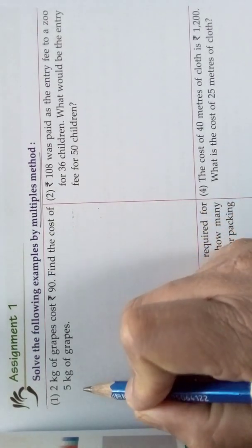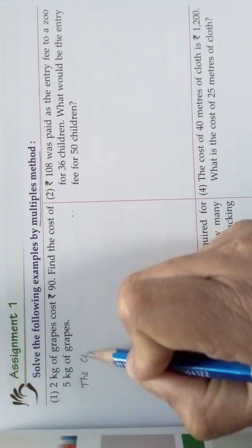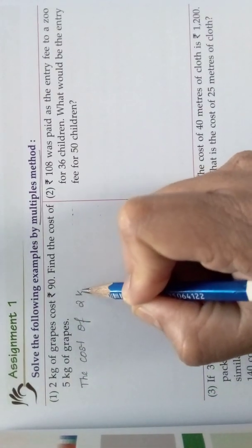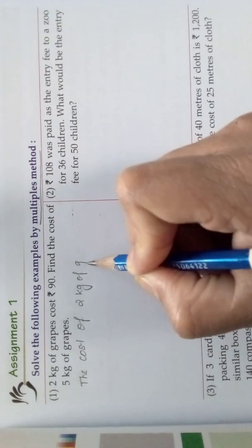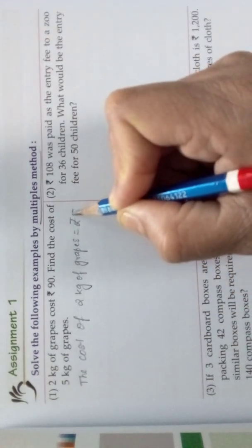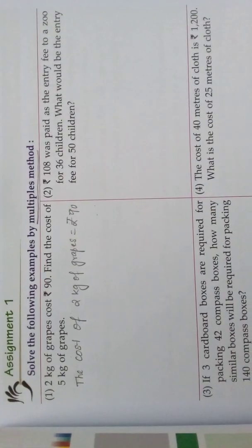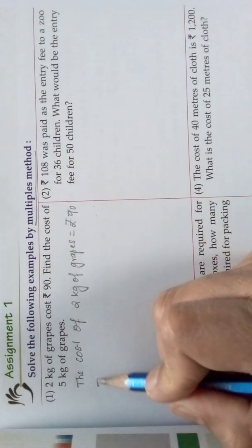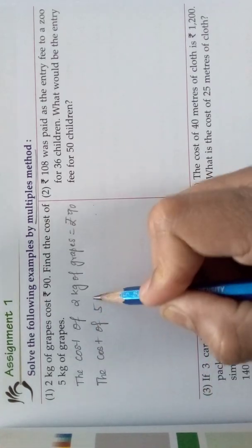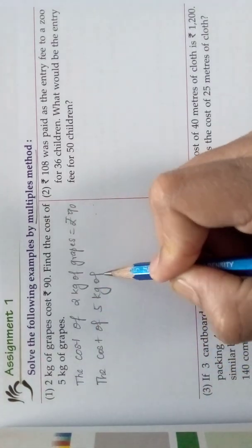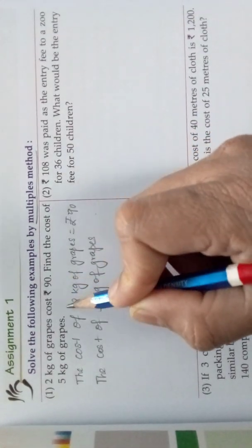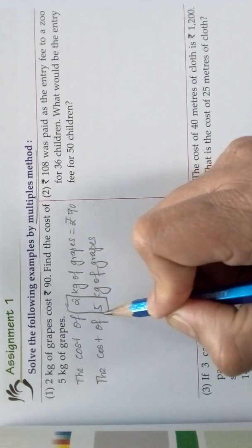What should we do? The cost of 2 kg of grapes is equal to 90 rupees. What we want is the cost of 5 kg of grapes. We know here 2, here 5.